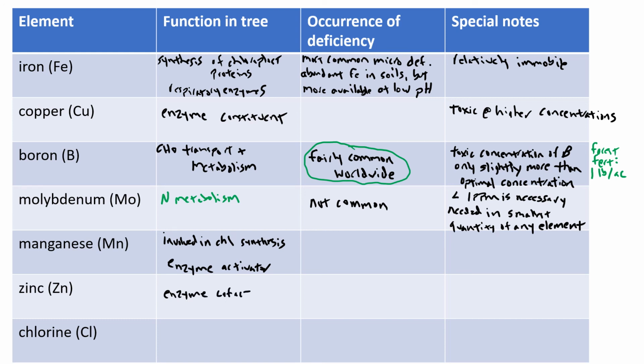I don't have many other factoids about those two elements. Chlorine is involved in the light reactions of photosynthesis. And this is another element where deficiency is not common. So those are the facts on the macro and micronutrients.